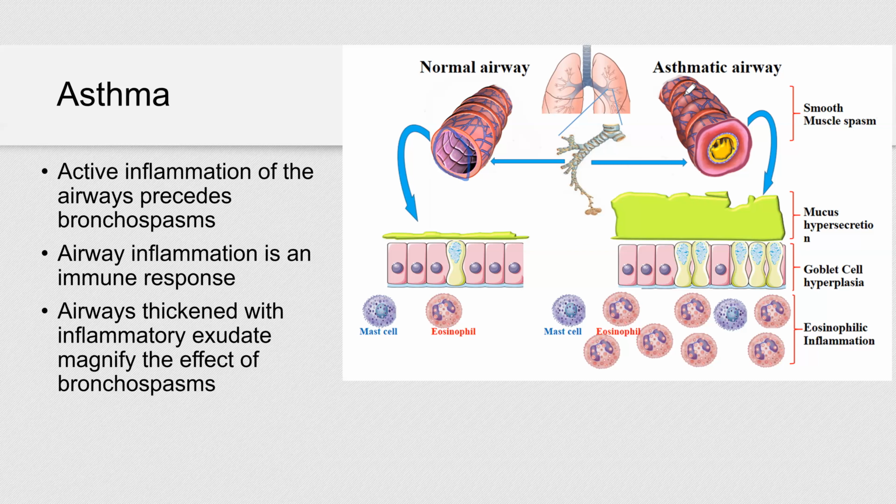So airways narrow, that means less air can be delivered to the alveoli, plus you have a lot of mucus that also prevents movement of air from your upper respiratory tract to your alveoli, where you have gas exchange. Right, airway thickening with inflammatory exudate magnifies the effect of bronchospasm.